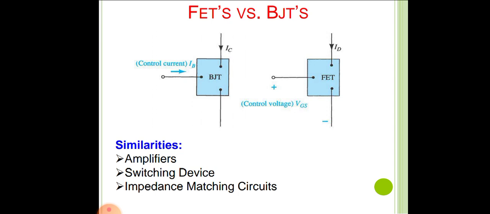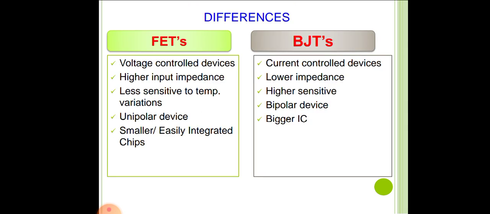The three terminals of field effect transistors are named drain, source and gate, whereas BJT has emitter, collector and base. Likewise FET has drain, source and gate. You can see some differences shown on your screen, the differences between field effect transistor and bipolar junction transistor.